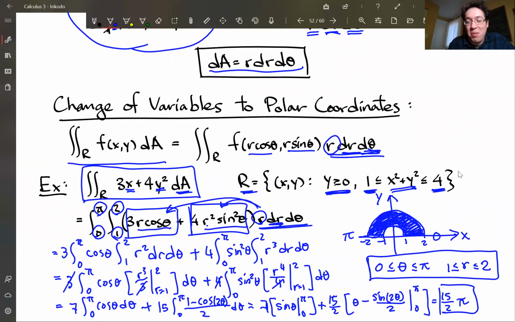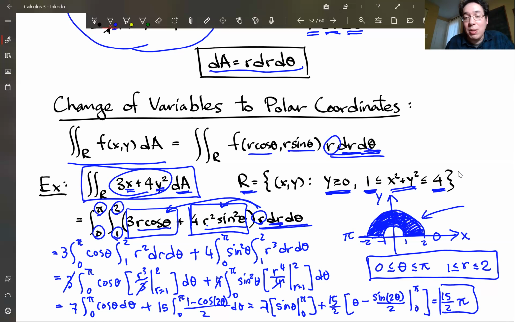Okay, so we were able to compute the integral. The trig integral might have been a little bit trickier than integrating with x and y. But if you actually look at the region, describing it by cutting it up into a top and bottom curve and setting it up that way, it would require much more tedious computation.